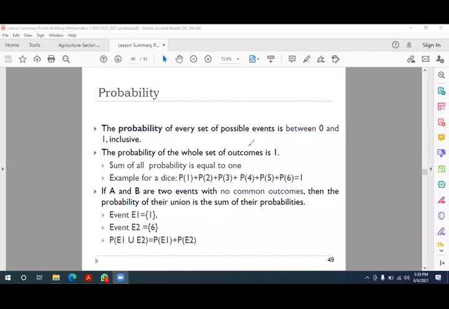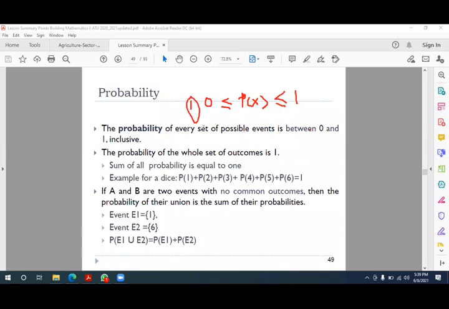That is the first property we have to know. So the probability of all events is always between 0 and 1. So P of X, the probability function, is always between 0 and 1. That is the first axiom we have to understand.